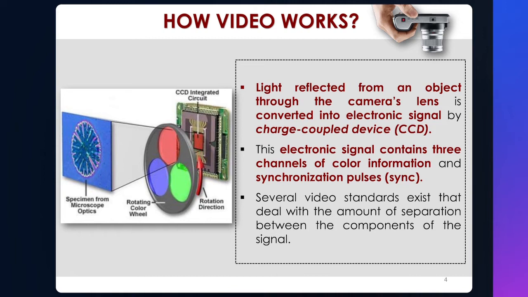This electronic signal contains 3 channels of color information and a synchronization pulse. It is often unsynchronized. Several video standards exist that deal with the amount of separation between the components of the signal.